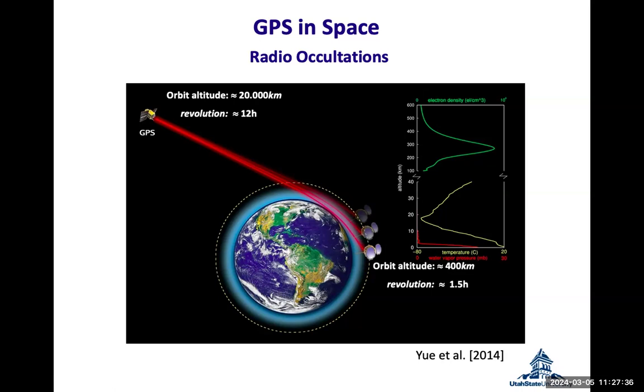Now, some of the data assimilation models take the inverted electron density profile and assimilate that, or other models assimilate the slant TEC values directly. It depends on how your model is constructed. But the important thing is that this gives you complementary data to the ground-based data.